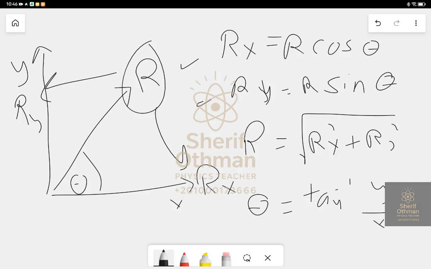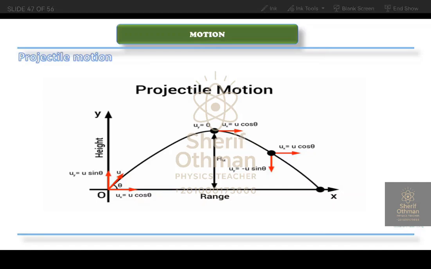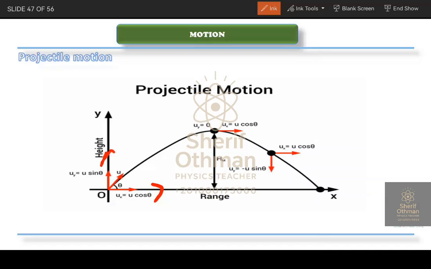So, if the object is projected at an angle to the horizontal x, the initial velocity has two components, one in the X direction and the other in the Y direction, moving with these components in each part of the motion.